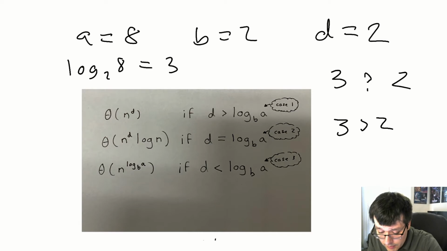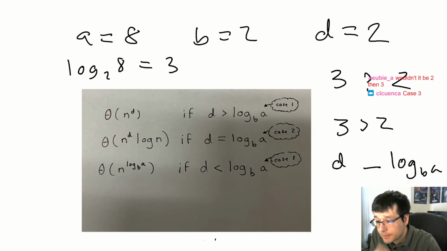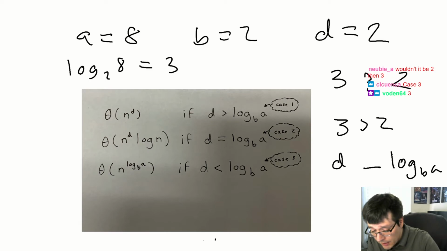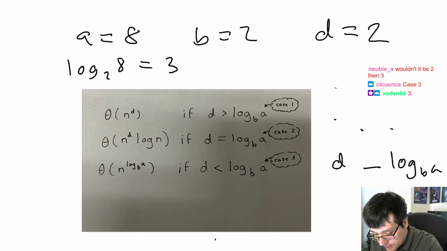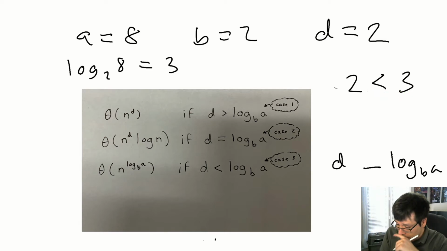We compare d with log base b of a, and we figure out that that's 3 and 2. You're right, I flipped them. Good catch. So this should be 2, 3. So case 3. Very good. Well done. Yes, indeed, this is going to be a case 3 example.